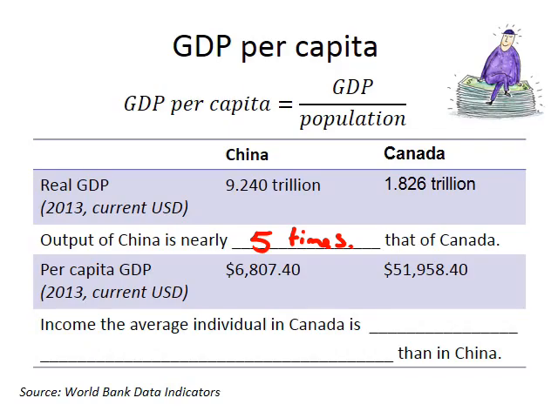So when we start to look at it on the GDP per capita, and we link that in with average individual income, in Canada it's more than 7 times that of China. So that gives us a more accurate viewpoint of average income and standard of living.